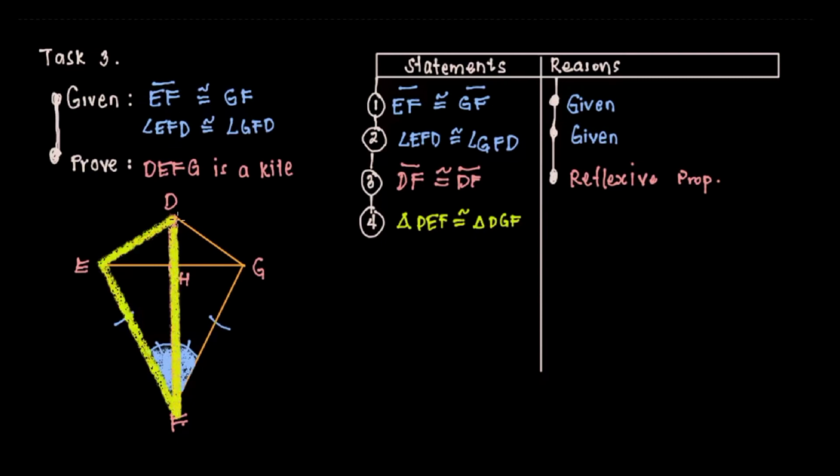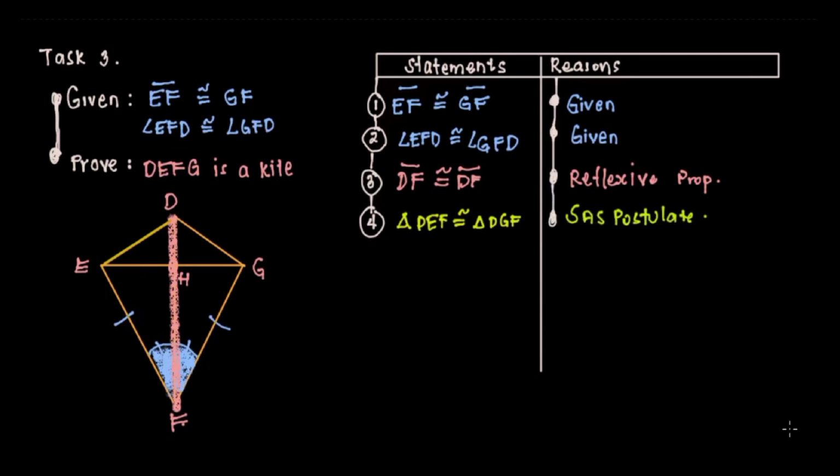Yan yung unang triangle. Sabi, congruent daw siya kanino? Kay DGF. As you can see, we have two congruent triangles. Okay? What's the reason? So you can see we can use this postulate, no? The side angle side postulate.